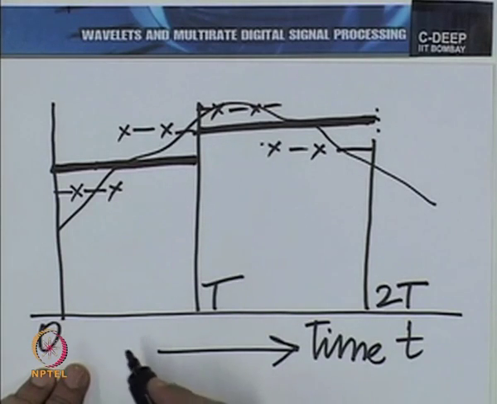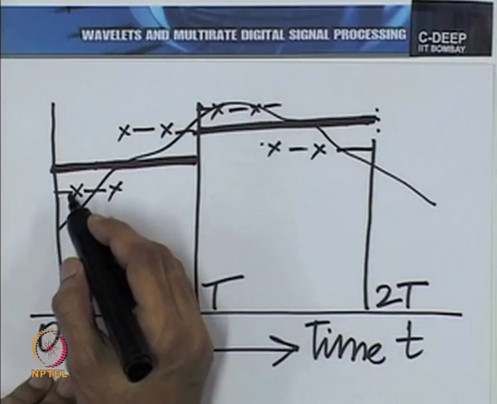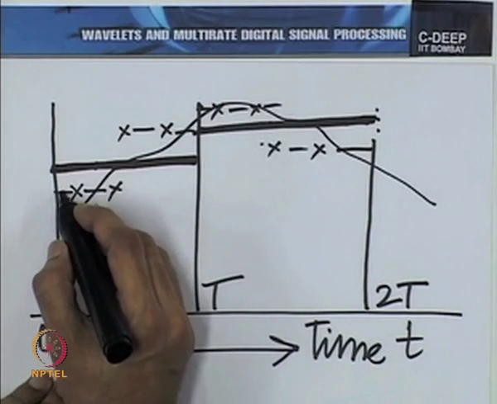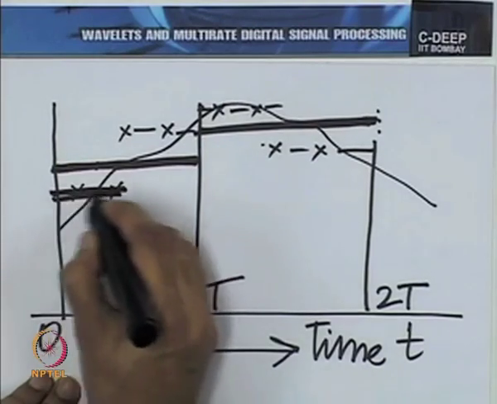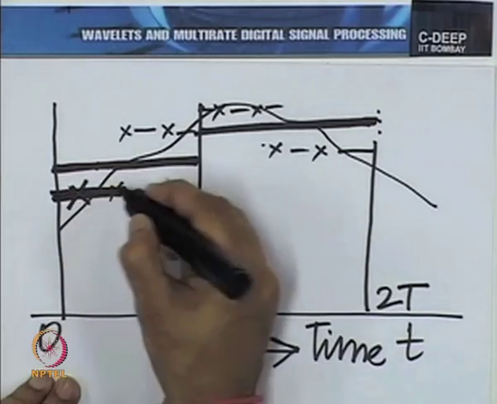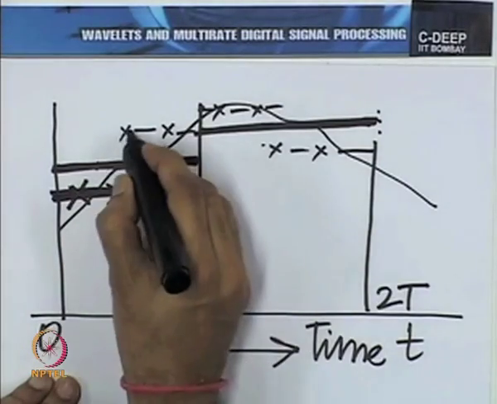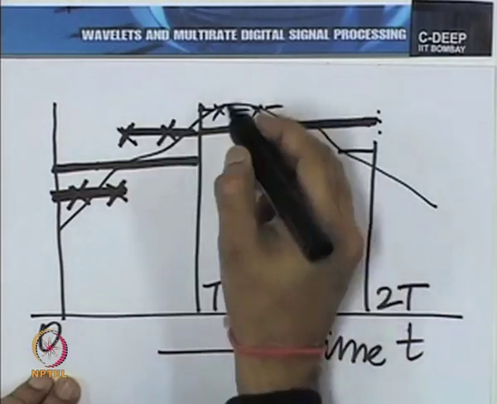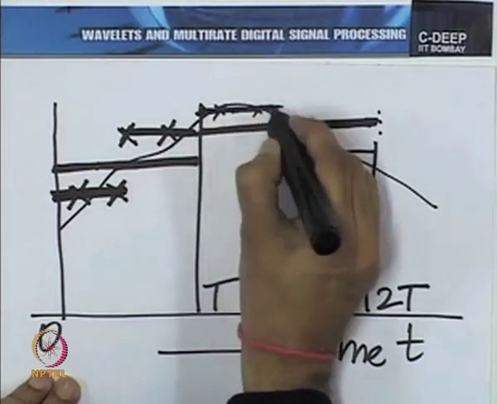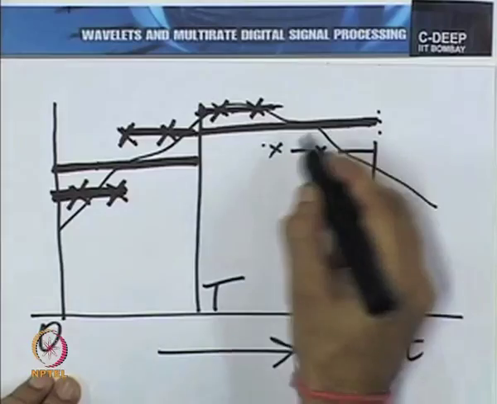Similarly, let me now darken this and put some other mark on it. Let us keep the crosses. So, I will darken this, but I will put crosses on it. So, this is also another function. The dark and cross function is in its own right an approximation too.